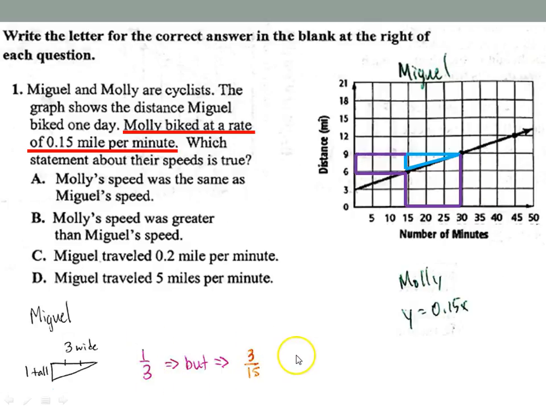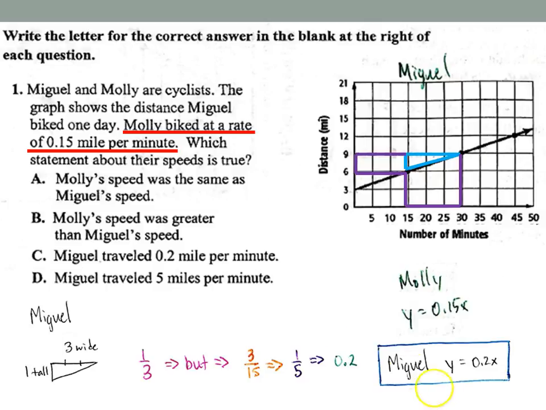Now that leads us to know that it is just 1/5, because I can divide both of these by 3. And 1 divided by 5 is 0.2, which means Miguel's equation is y equals 0.2x.